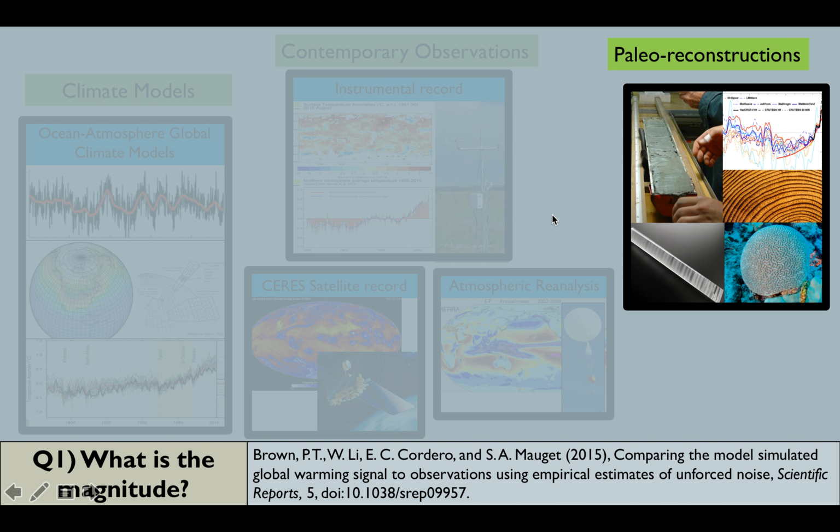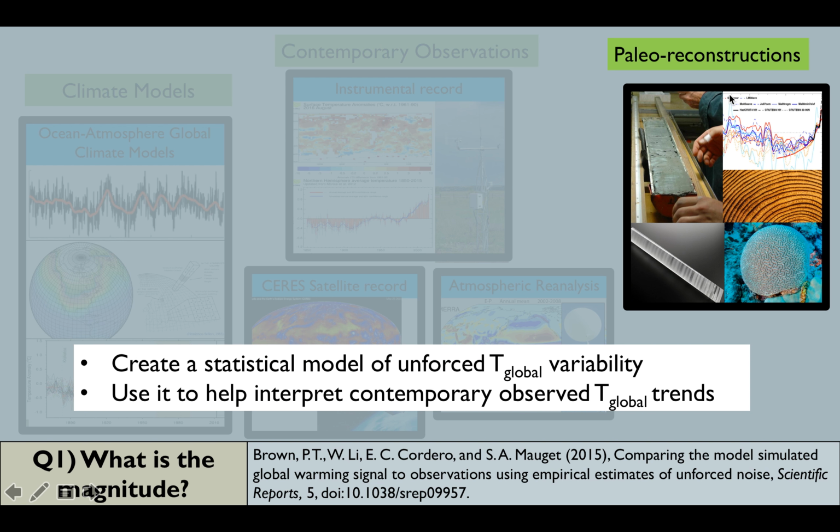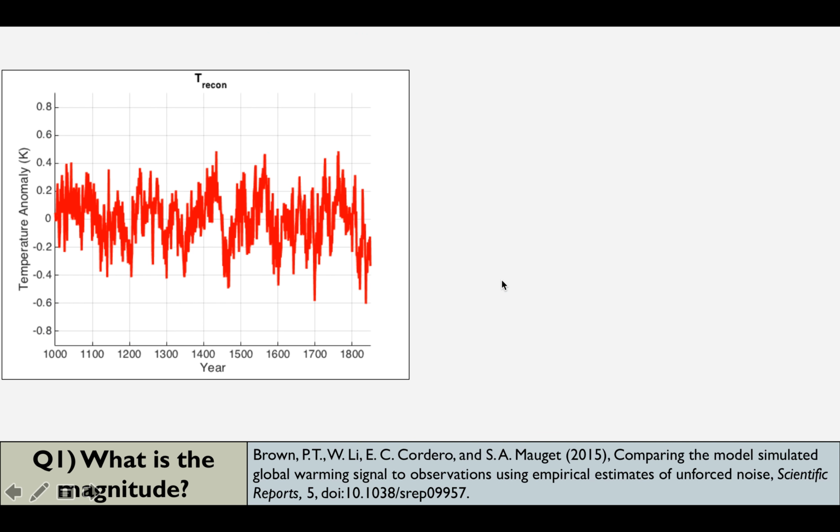So that's what we tried to do in this 2015 paper. We looked at reconstructions of surface temperature over the past millennium, and we tried to create a statistical model of unforced global temperature variability that then we could use to help us interpret contemporary observed trends in global temperature.